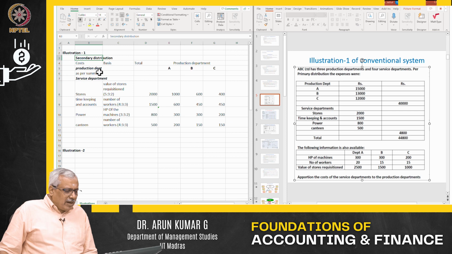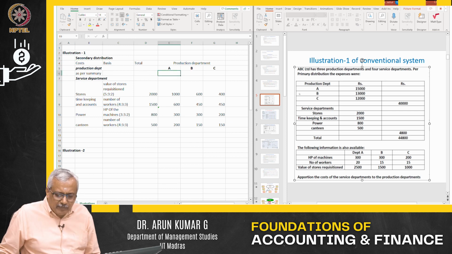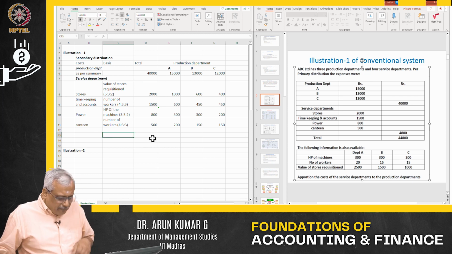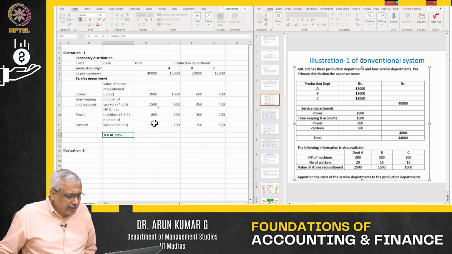Now, in the production departments, as per the summary, what is the production department cost? For A it is about 15,000, for B about 13,000, and for C 12,000. So the total for the production departments was about 40,000. What is the total cost of each production department?